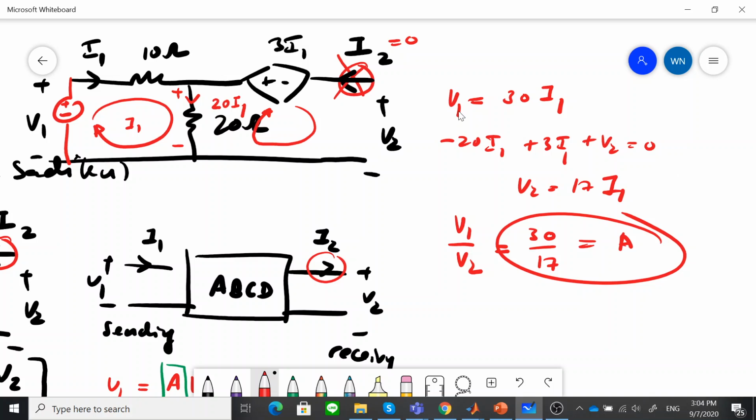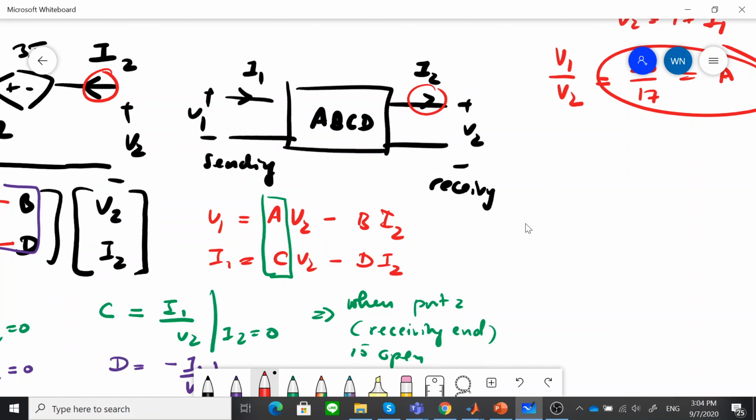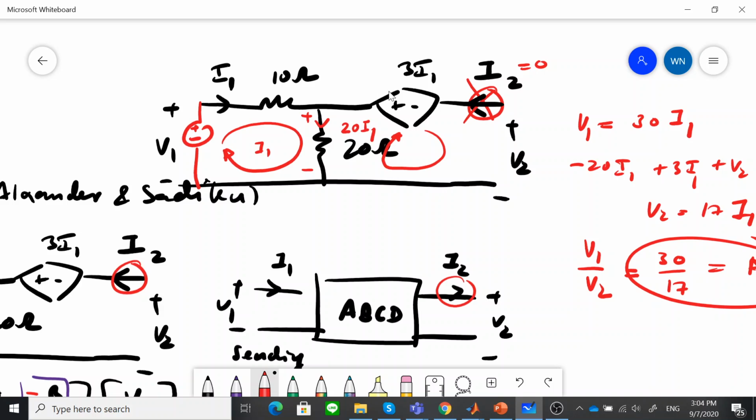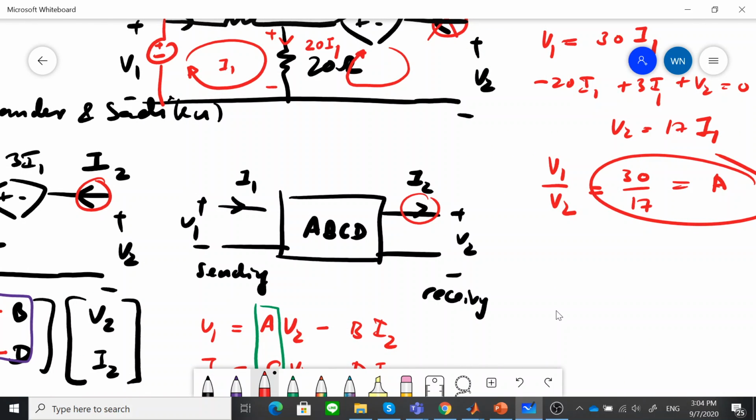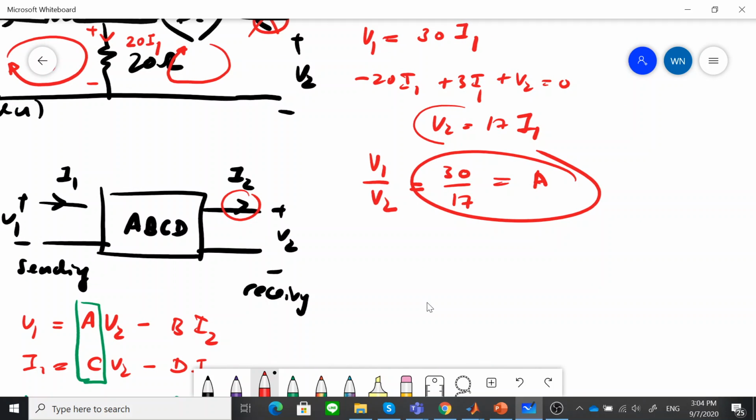What about the parameter C? C is computed from the circuit when the receiving end is open, so I2 must be 0. This is the circuit, with I2 equal to 0. The ratio is between I1 and V2, from this equation. So I1 over V2 is 1 over 17.